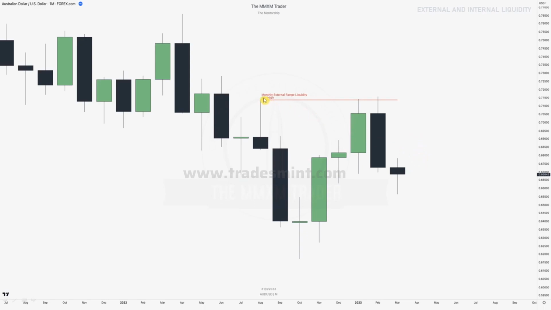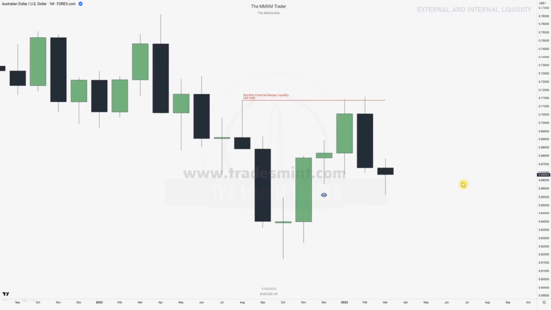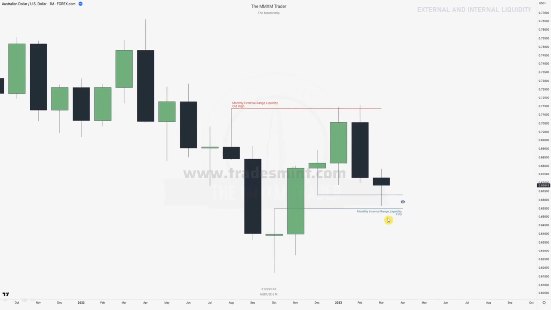So after external gets raided, where do we want to reach into? We can see this imbalance down here, which is a fair value gap. So if you looked at this area after we got this external range liquidity raided, you're on the right path. And we can see this monthly internal range liquidity in the form of a fair value gap gets stacked.